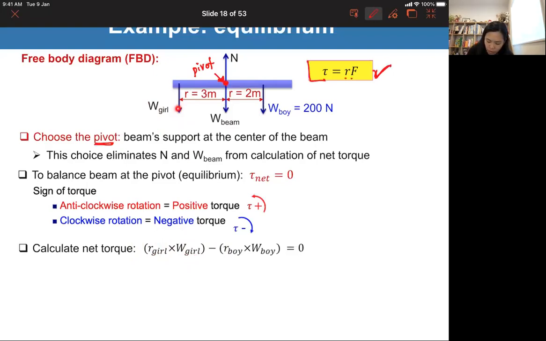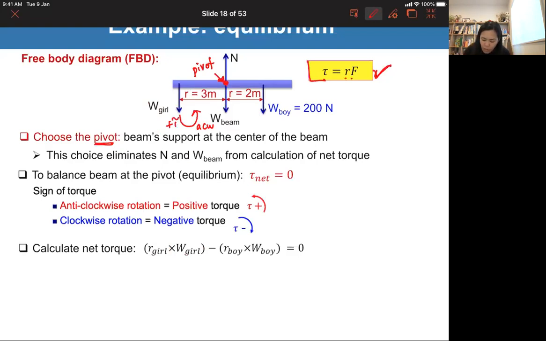And that will be a positive torque because the tendency of the weight force of the girl is to rotate the beam in an anti-clockwise direction, giving you a positive torque.